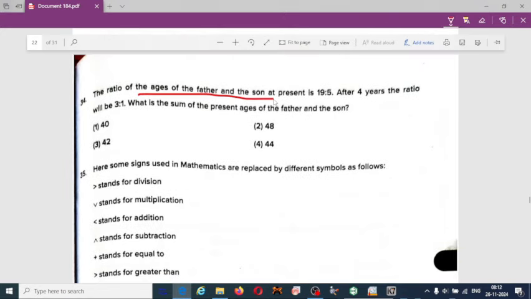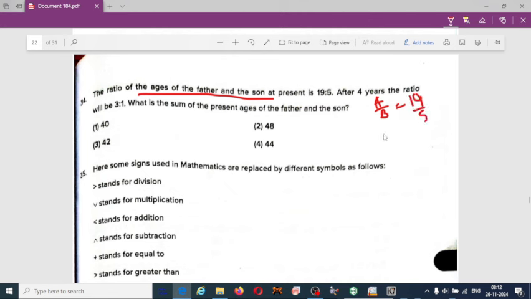The ratio of the ages of father and son at present is 9:5. After 4 years, the ratio will be 3:1. What is the sum of the present ages of the father and son? So, father and son age, let us take father age as A and son age as B. That is A:B is 9:5.